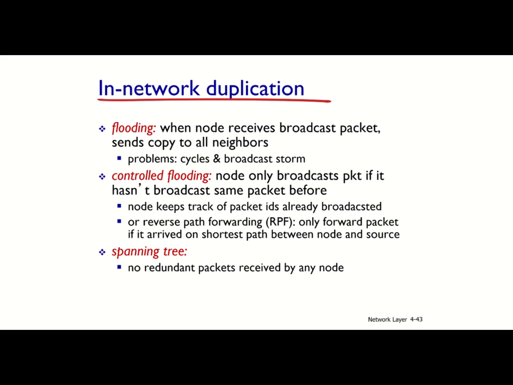The other solution is to use controlled flooding. Controlled flooding is a little bit smarter because a node only broadcasts a packet if it hasn't broadcast the same packet before, which means that it doesn't broadcast the same packet twice. That will remove all the cycles.